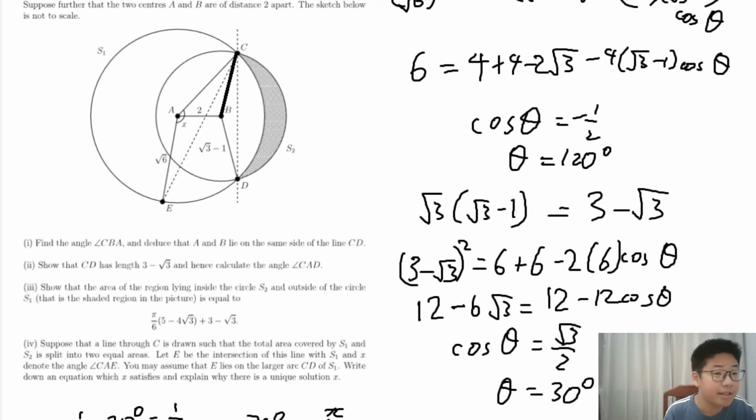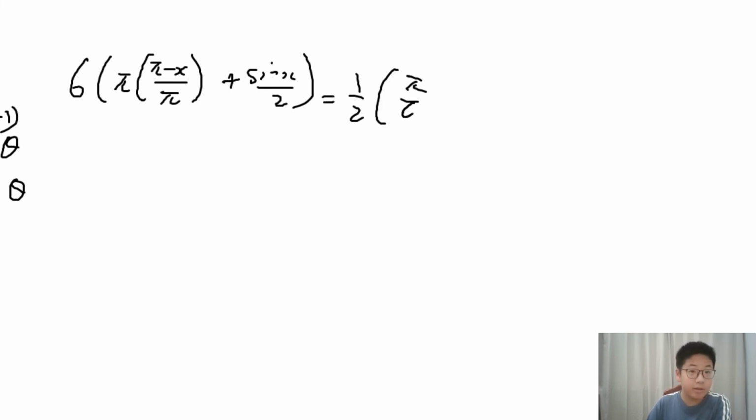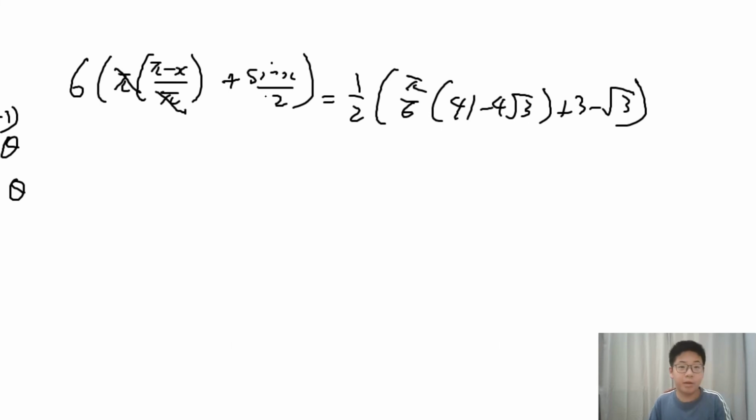Write down an equation which X satisfies and show there is a unique solution X. It's going to be a bit complicated, so 6 times pi minus X over pi plus sine X over 2, I derived this, equals half pi over 6, 41 minus 4 root 3 plus 3 minus root 3. Now, as you can see, we can cancel out some of the terms in this equation, but we won't bother about that now because we need to explain why there is a unique solution X.